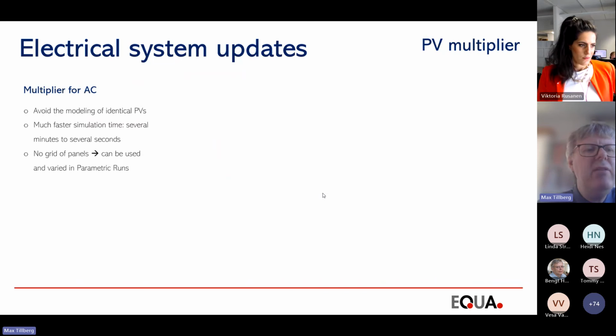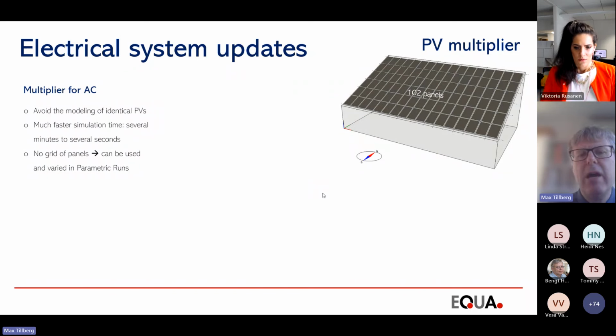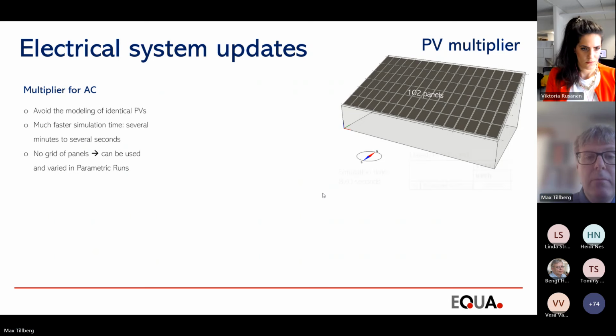To make this a bit more simplified, there are ways to speed up. For example, this is an example that we have made for just using multipliers. So for AC panels, you can work with multipliers. Here we have just an example: 102 panels, evenly distributed on a roof and no shading.